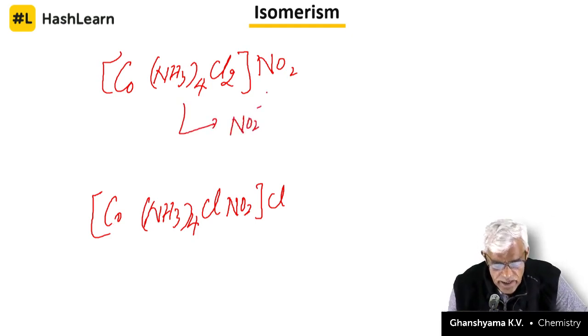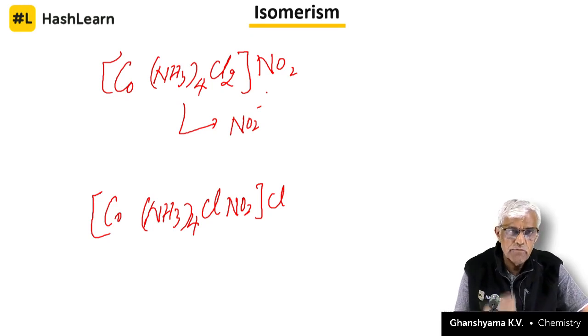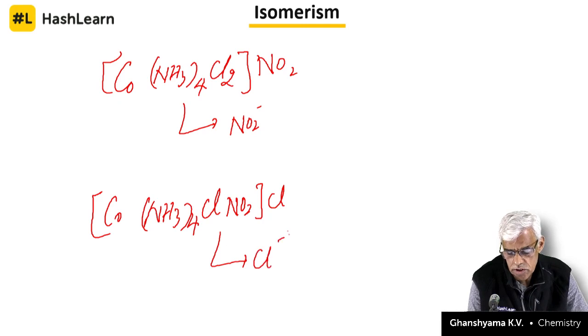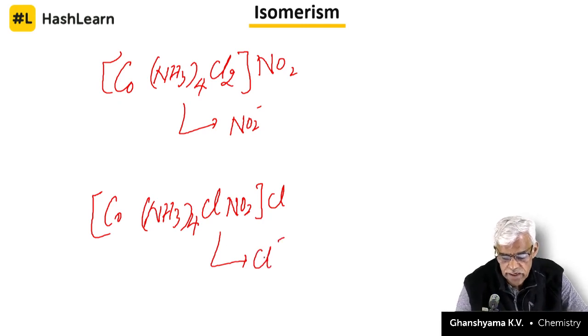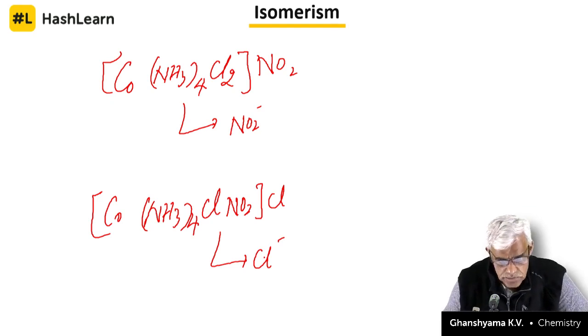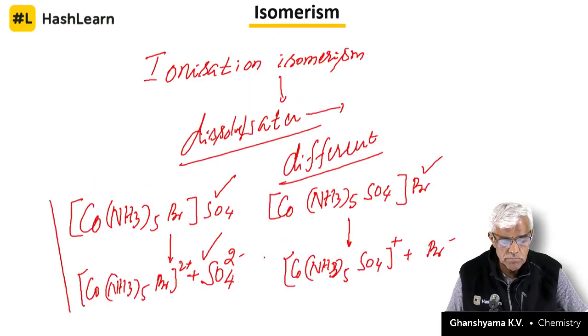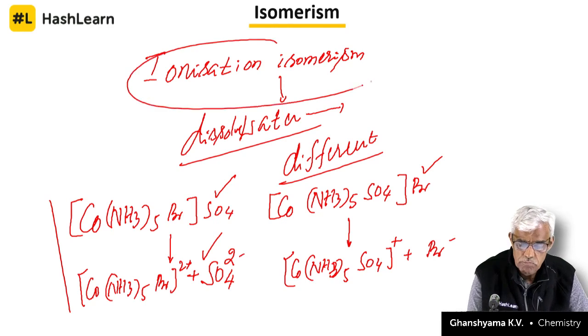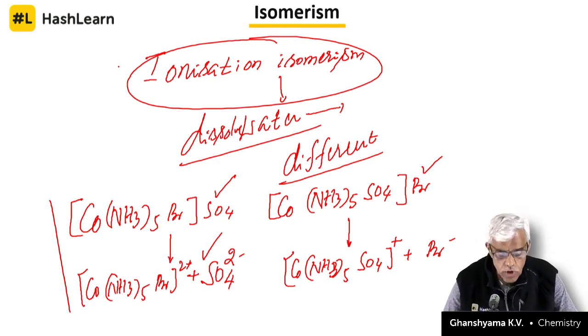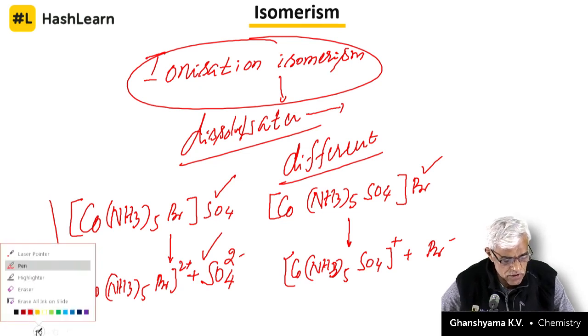You can test it by adding dilute HCl and ferrous sulfate. You get a brown color. If you dissolve the other in water, you get Cl minus. Add AgNO3, white precipitate soluble in ammonium hydroxide. Thus, ionization isomerism is where compounds have the same molecular formula but differ in the ions that are formed when dissolved in water.